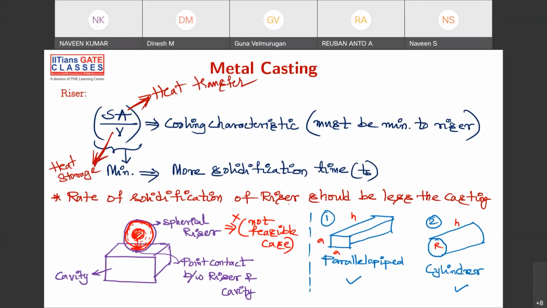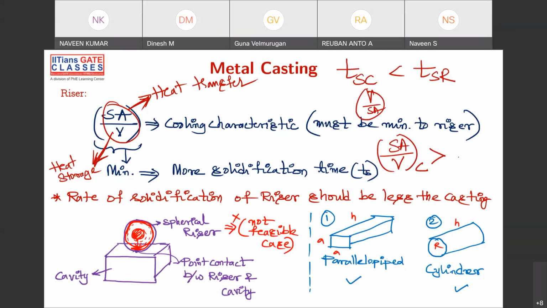Now, as I told you, the solidification time of the casting should be less than that of the riser. So V by SA is there in this case, but here SA by V is there. So the cooling characteristic, SA by V of the casting, should be more than SA by V of the riser.